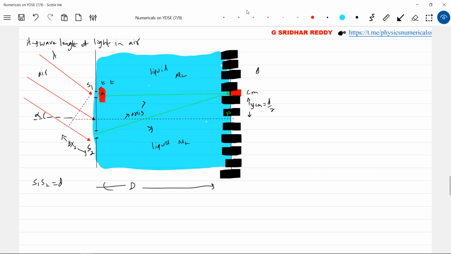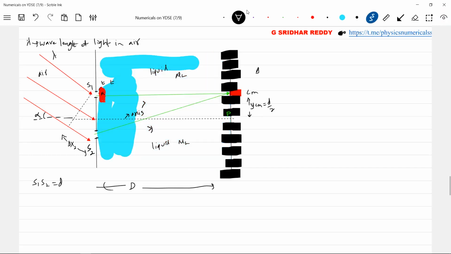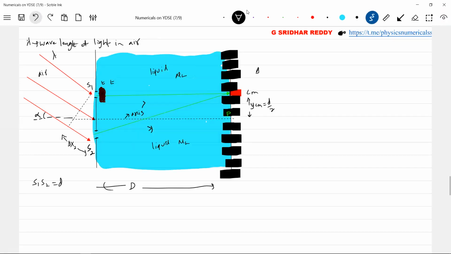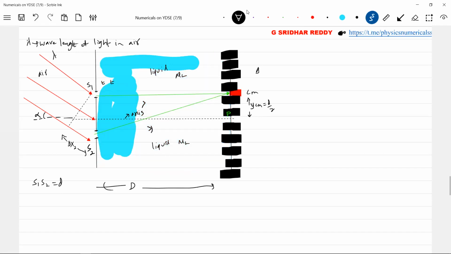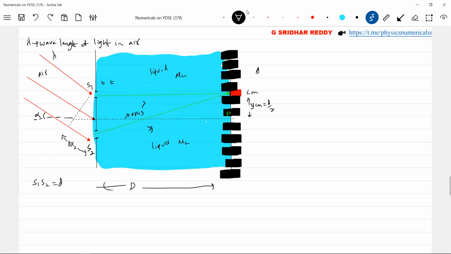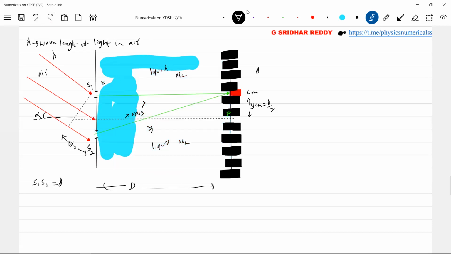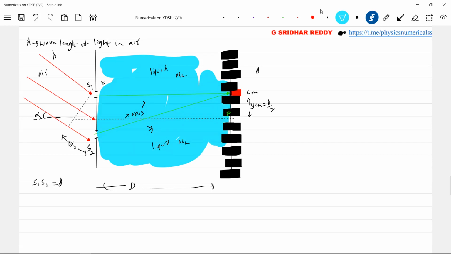So what should be the thickness of the slab, so that the path difference... Just give some time. I think okay, fine. There's a liquid.